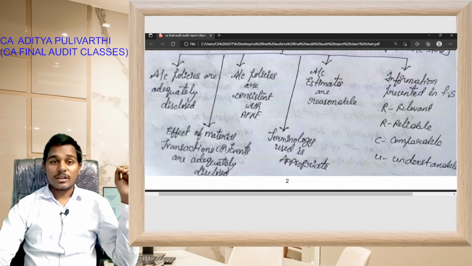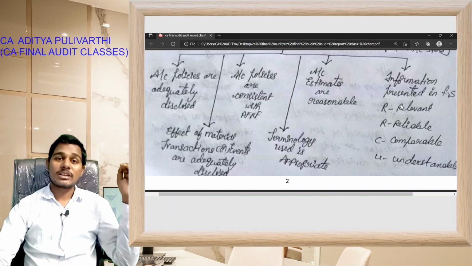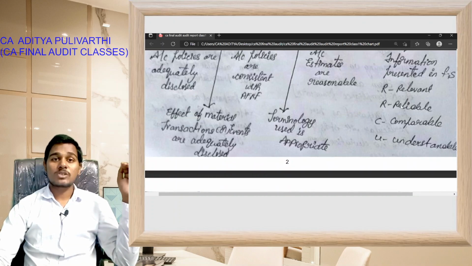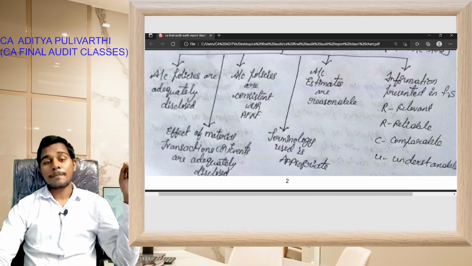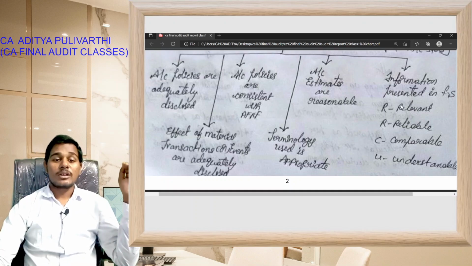Okay students, whether the effect of material transactions and events occurred during the current period are reported adequately in the financial statements should be checked by the auditor, and the terminology used should be appropriate in the financial statements, in the balance sheet, profit and loss account, cash flow statements, notes to accounts and statement of changes in equity, whether the items of the financial statements have been provided with the proper name or not.